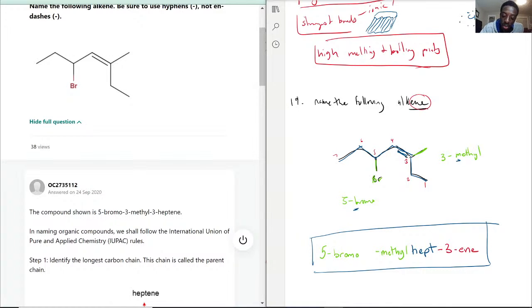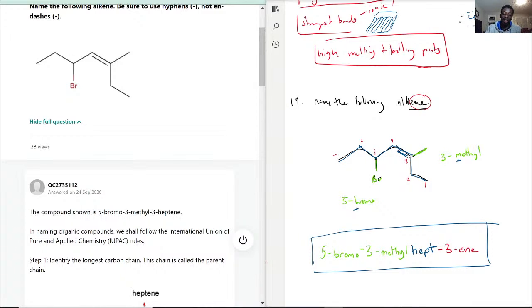If they had a bromine also here, like Br for example, it'd be 5,6-dibromo. So that's where the comma will be used. So I would keep that noted for future. So 5-bromo, 3-methylheptene.